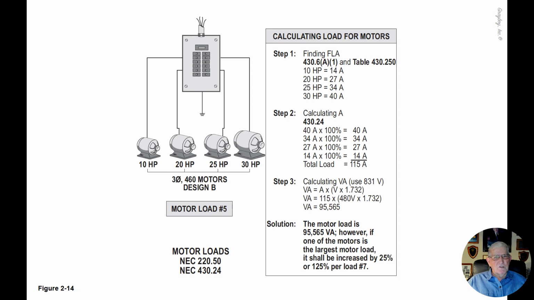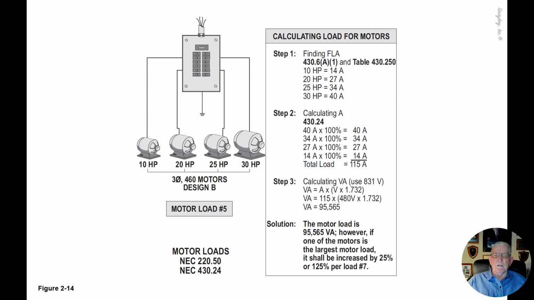And then that load 7, where we would take 25% of the largest motor if we're adding all loads together to obtain the VA rating for a feeder or for service entrance conductors, which we will look at a form that will list all these loads so we get a feel for what's taking place here. But keep in mind, I have been told that most of your test problems will be figuring an individual load as you see here.